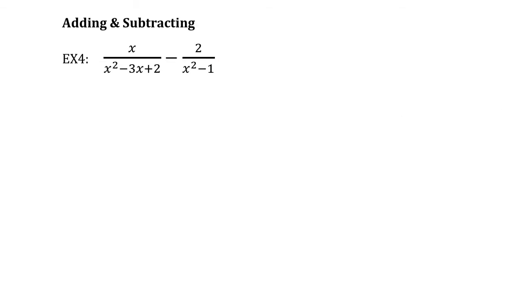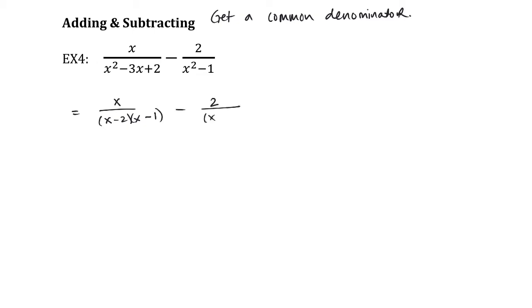Moving on to adding and subtracting, we need to get a common denominator, and to do that, it's helpful to factor first. Factoring the first denominator, we'd get x minus 2, x minus 1. The second fraction, we'd have x minus 1, x plus 1.